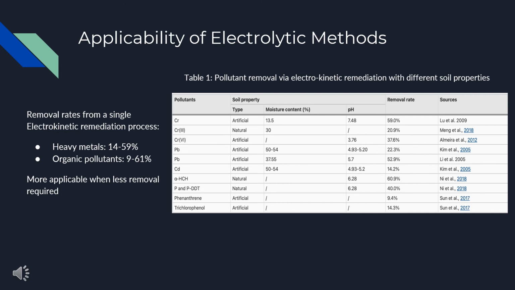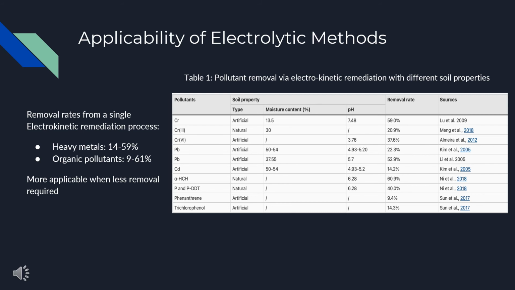Here is a table showing the removal rates or efficiencies of electrolytic treatment. This table shows results for metallic pollutants such as chromium, lead, and cadmium, as well as organic pollutants such as trichlorophenol and more. Both artificial and natural soils were used to gather this information with varying pH values.